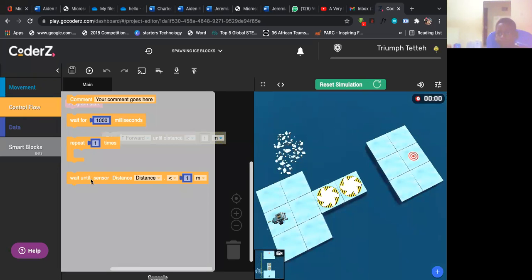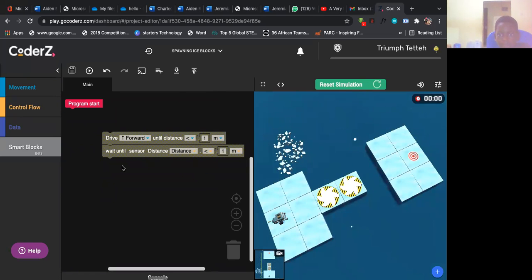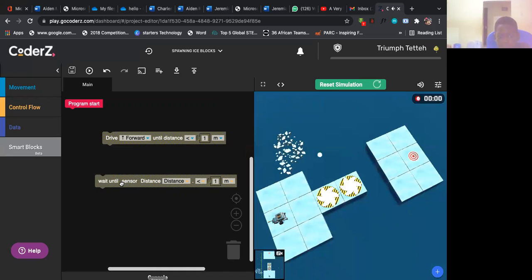Please let me explain this before I ask any of you to answer. Look at these two blocks. The wait until sensor distance means that the robot will move there and then it will wait. Do you hear me? The robot will just wait until the distance changes.